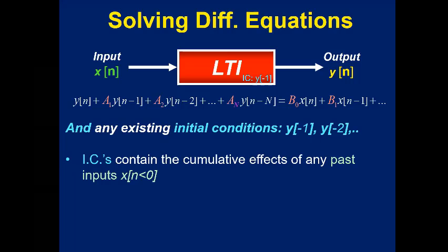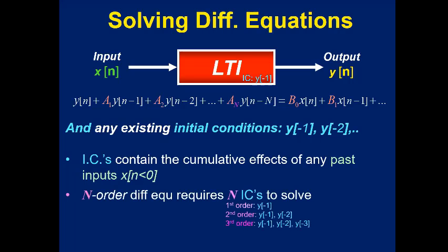So it's pretty common for our systems to still be working on previous inputs when a new one comes along. There's some continuing response happening to those old inputs. That's what's captured in those initial conditions. That's what tells us where was the system and what was it doing prior to when we applied this new input.